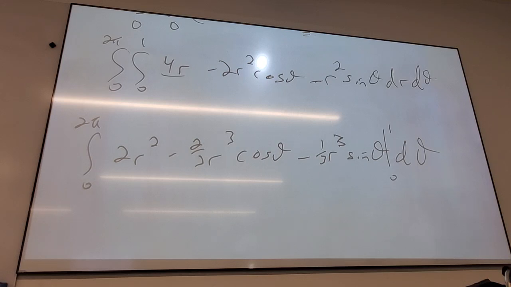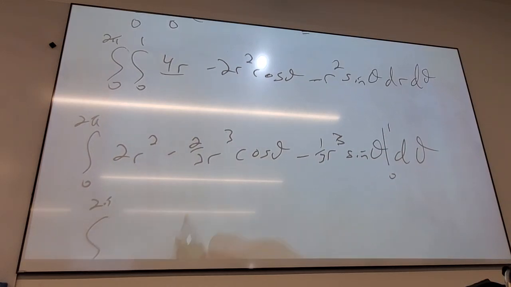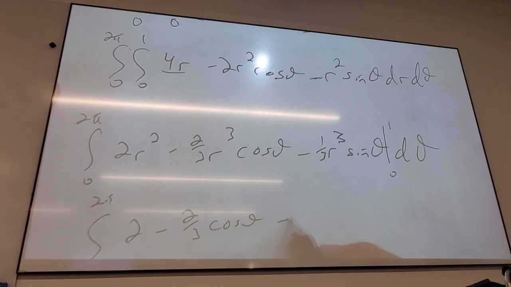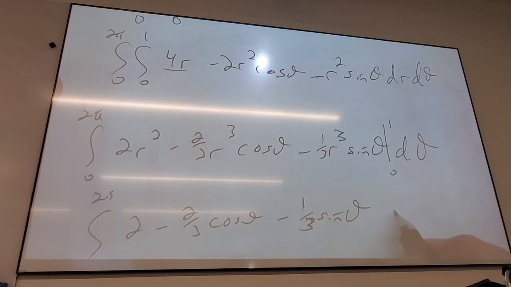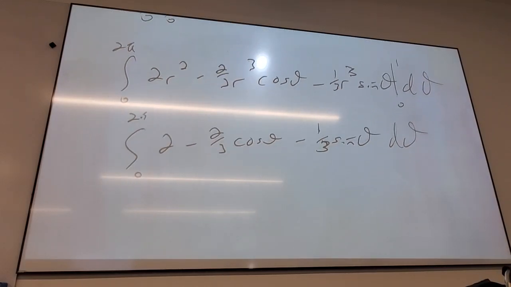Once you're done with the inner integral, you should only be left with variables related to the outer integral. So if I plug a 1 in, all this stuff becomes really nice. I'll get 2 minus 2/3 cosine theta minus 1/3 sine theta. And if I plug a 0 in, everything goes to 0, so forget it. Okay. And then that integral's easy, yes?